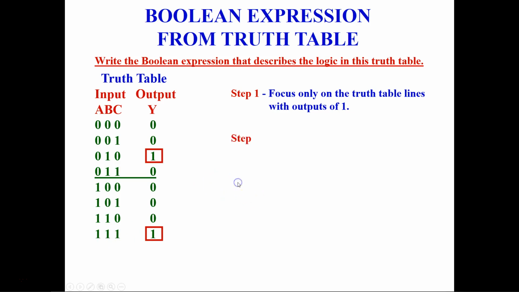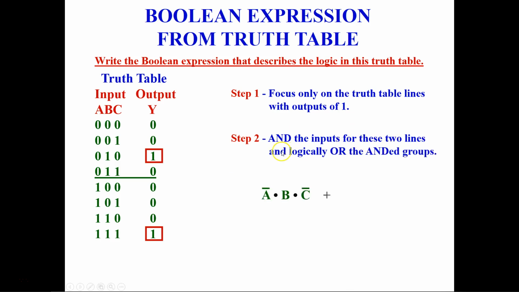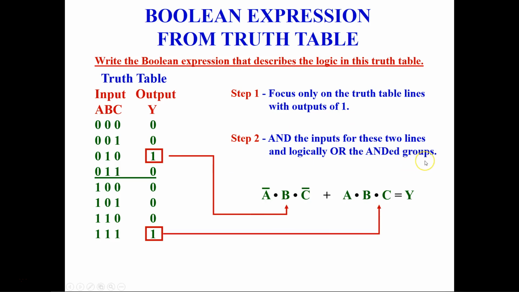So now the second step is to AND the inputs of these 2 lines and logically OR the AND groups. Okay. So if we look here, we have 0 here. Whenever you have a 0, you will complement that input.